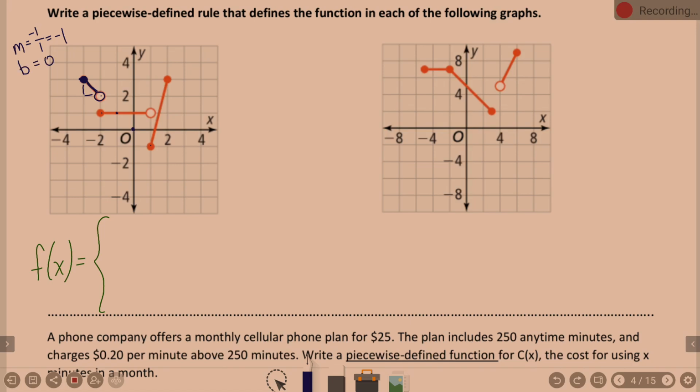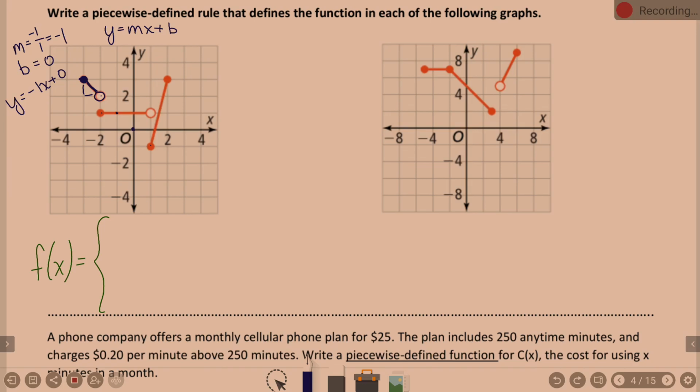You don't have to write this information down, but this is just my brain working. And what form did I say we're putting this in? y equals mx plus b. Yeah, your goal is to think y equals mx plus b. So for this one, y equals -1x plus 0 if you want.